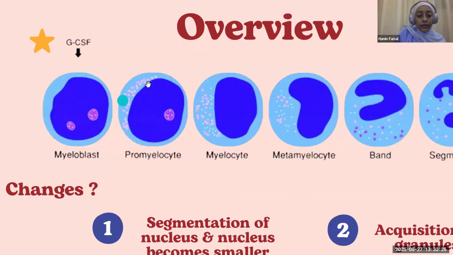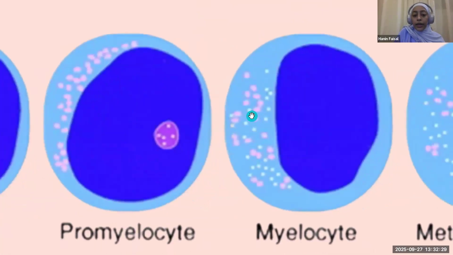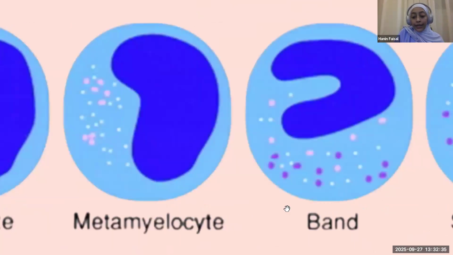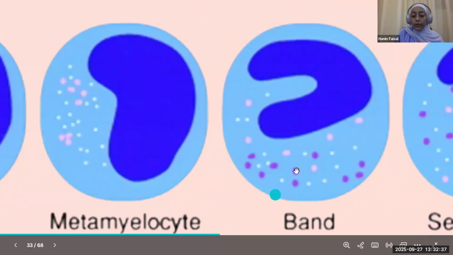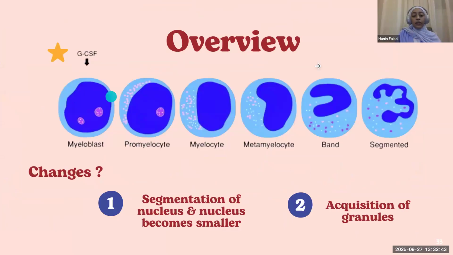You can see here the pink granules. And then in the myelocyte, you can see pink and new granules come with it, the greenish ones. And then in the band cell, you can see a third type of granules coming, the purple ones. So again, the nucleus gets segmented and you're going to find the presence of the granules.